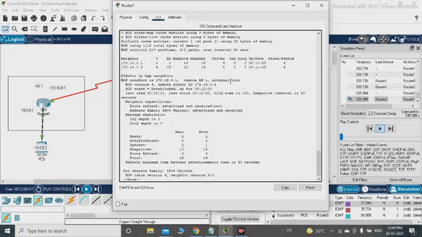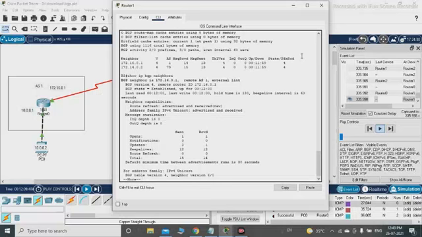So the neighbor is remote AS1 as mentioned, with the information, notifications and refresh rates, and total data sent and received. Everything has been derived here. Likewise, we can do it for the third router also.